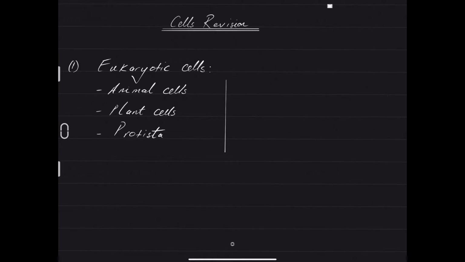One of the main distinguishing features of eukaryotic cells is that the DNA is contained within a nucleus. Now, if you are given an exam question comparing eukaryotic and prokaryotic cells, they tend to look for your understanding that the DNA of eukaryotic cells is contained within a nucleus.